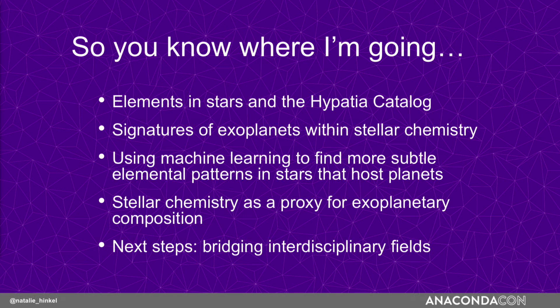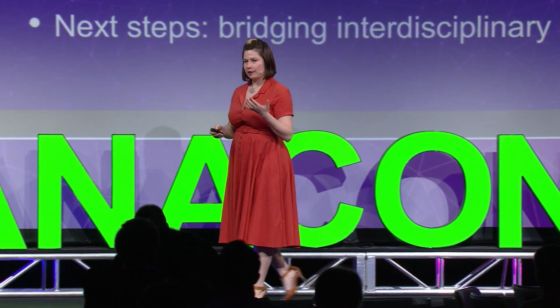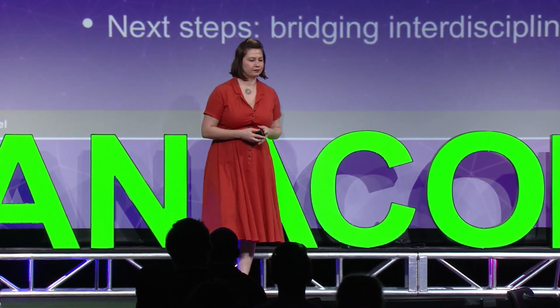Then I'll go on to talk about some machine learning and what I've done to look at stars that have exoplanets. So these are planets that we've discovered outside of our solar system. And then I'll wrap that up by talking about how we can go from the stellar composition to the planets using different kinds of models. And then I'll wrap it up by talking about interdisciplinary fields.